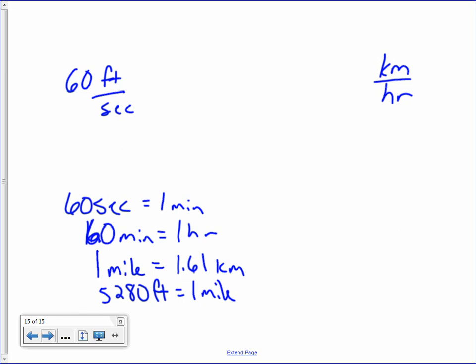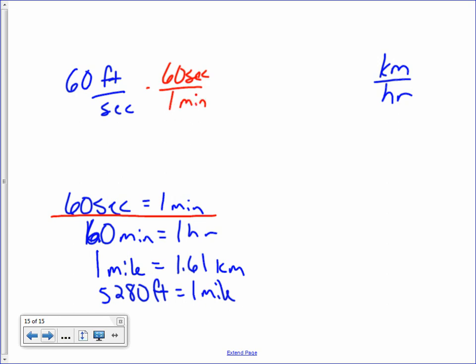So we're going to need to use all of these conversions in order to go from feet per second into kilometers per hour. It doesn't matter where you start, but if I look here, I've got seconds. I need to get rid of 60 seconds, so I've got 60 seconds to 1 minute.